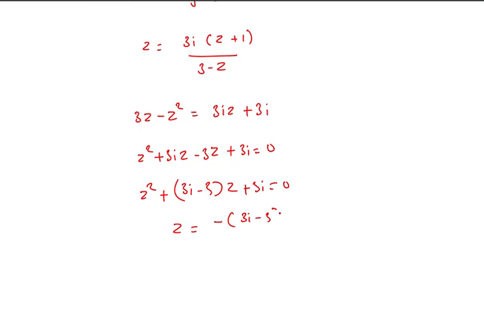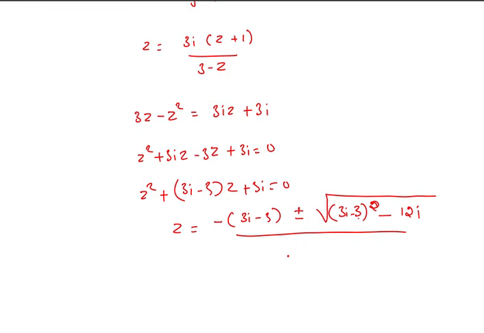(3i minus 3) plus or minus square root of this square, correct? (3i minus 3) the whole square minus 4 times, so 12 times i, divided by 2.